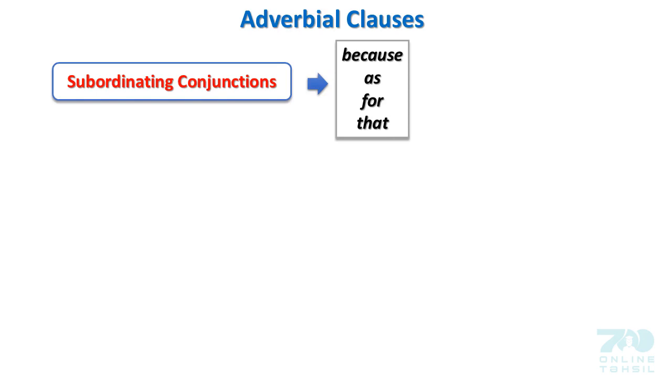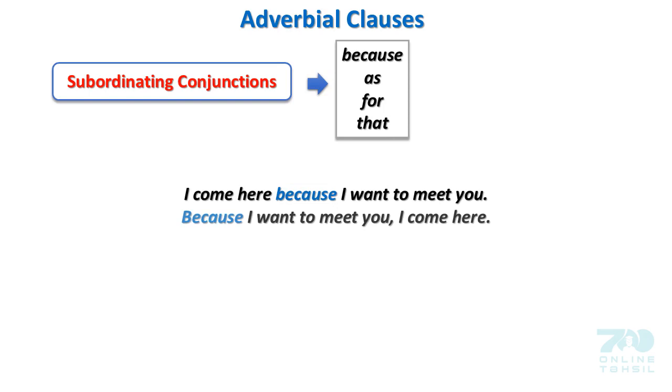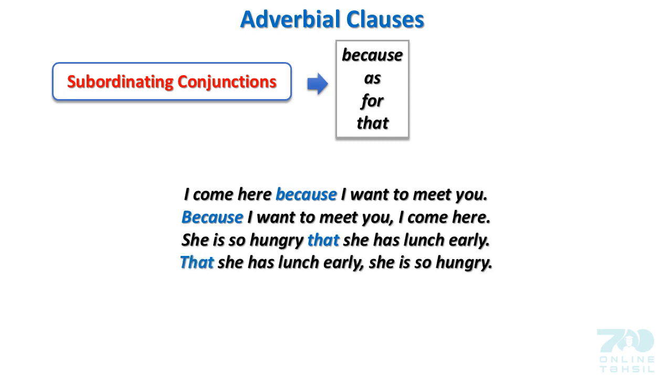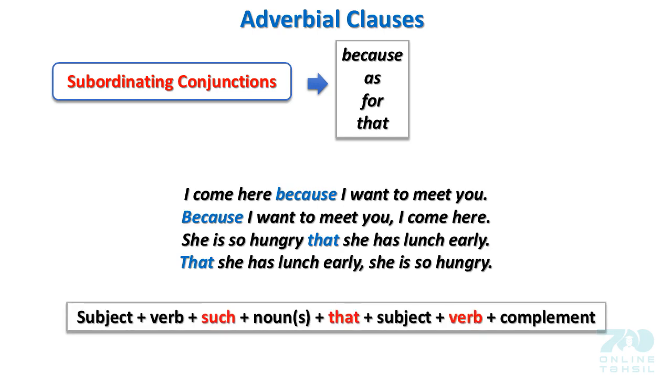Example: I come here because I want to meet you. Because I want to meet you, I come here. She is so hungry that she has lunch early. That she has lunch early, she is so hungry. Subject plus verb plus such plus nouns plus that plus subject plus verb plus complement.